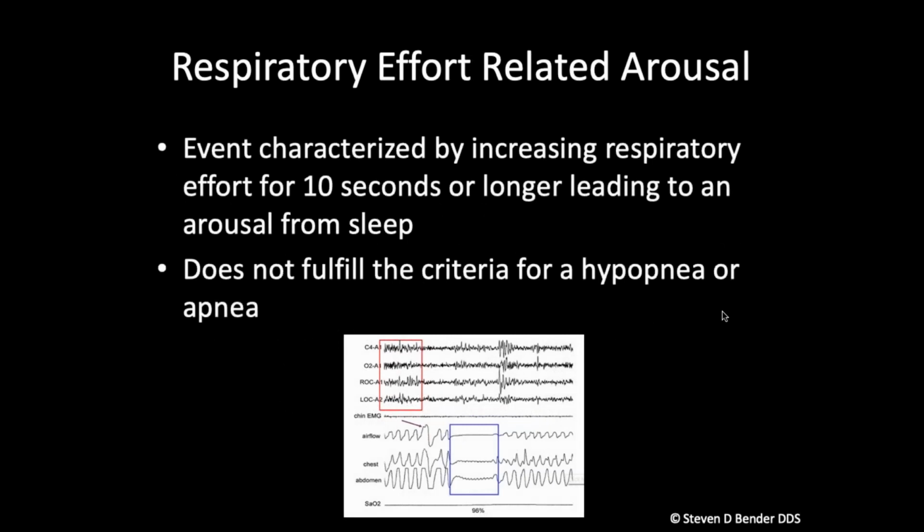Now, respiratory effort related arousal is going to be an event that is characterized by an increasing respiratory effort that lasts at least 10 seconds or longer, that will lead to an arousal from sleep. This will not fulfill the criteria for hypopnea or an apnea, but it does interfere with sleep as if it were an apnea or hypopnea.